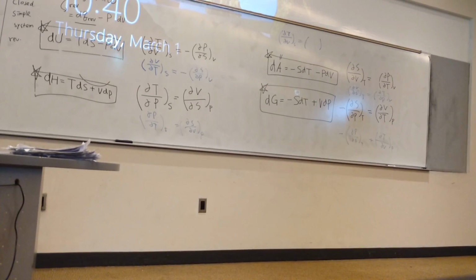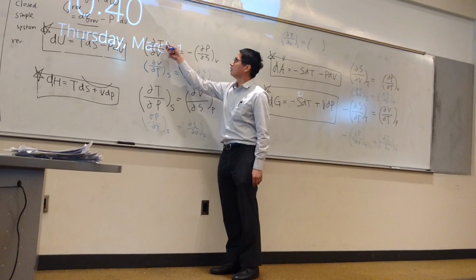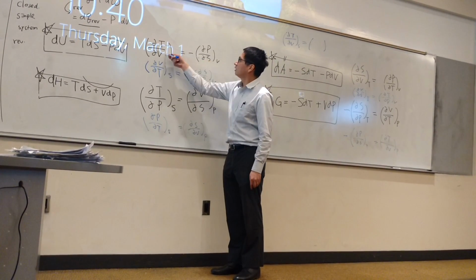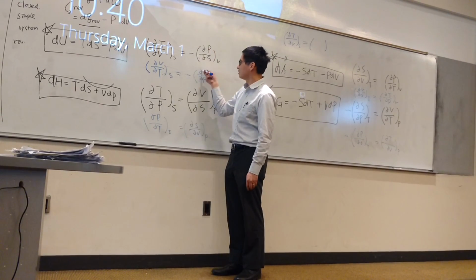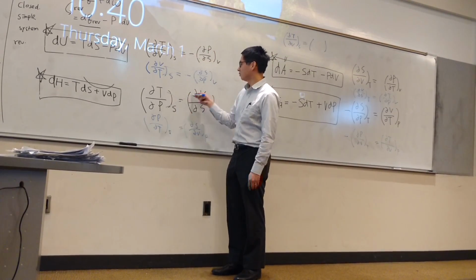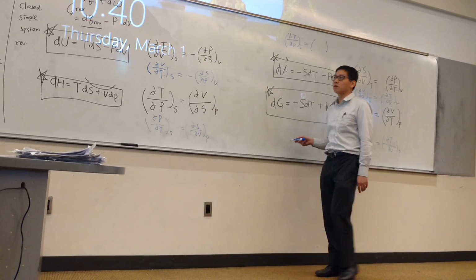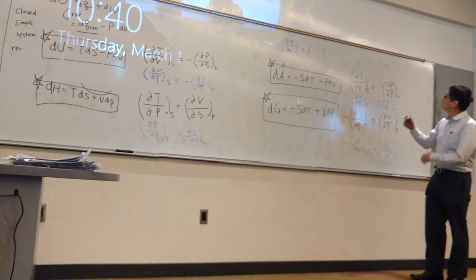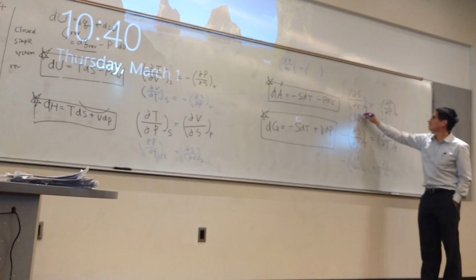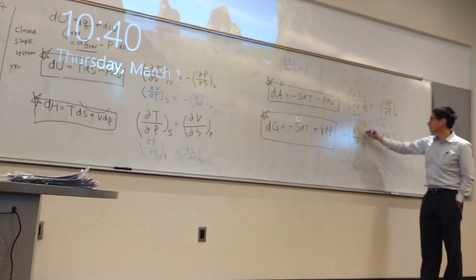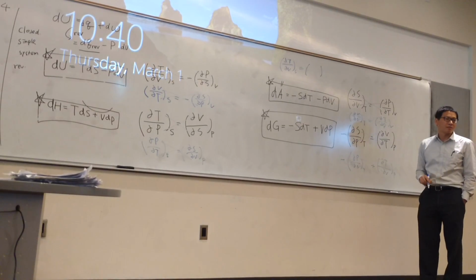If you look at this equation very carefully, it's always ST, PV, PV, ST. There's a relationship here.